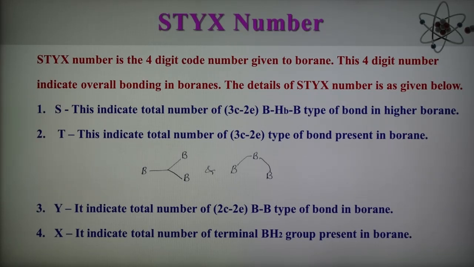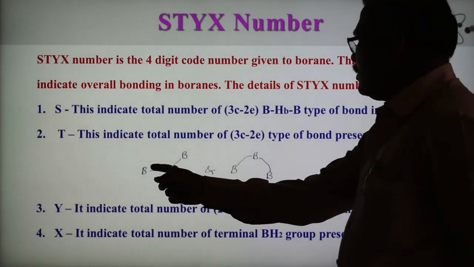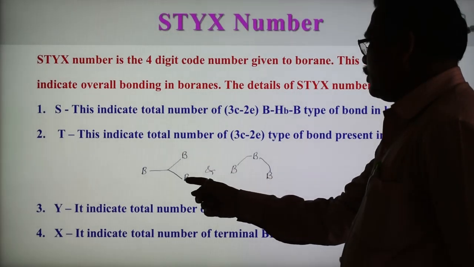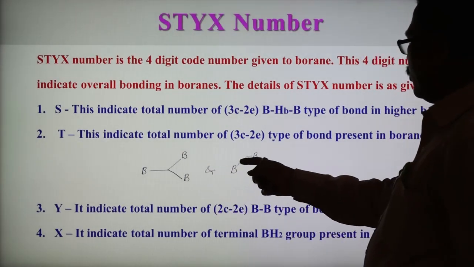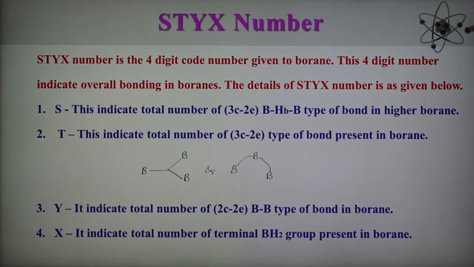So first, S indicates the total number of 3-centered 2-electron bonds of the type BHB in the case of higher boranes. Now second is T. T indicates the total number of 3-centered 2-electron type of bonds which are present in the boranes, and this type of bond is shown here. This is boron, boron, boron, 3 nuclei of boron joined together and forming this type of bonding.